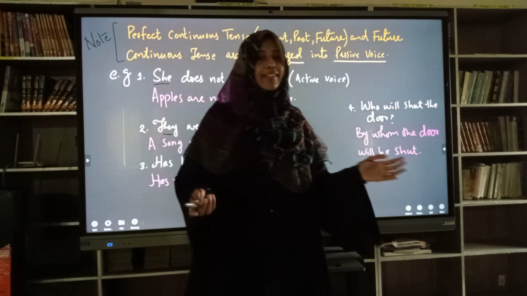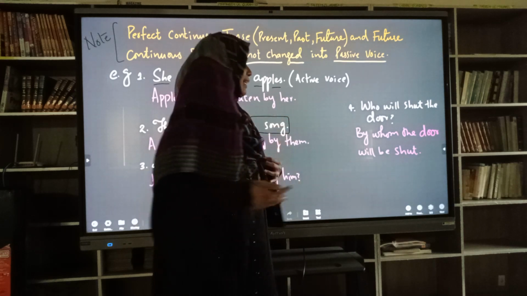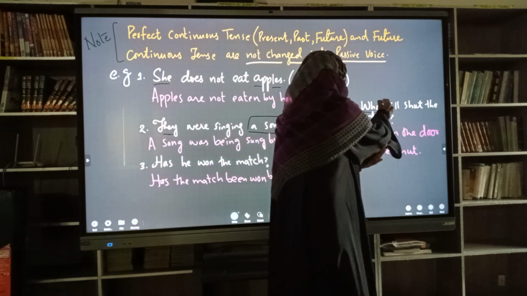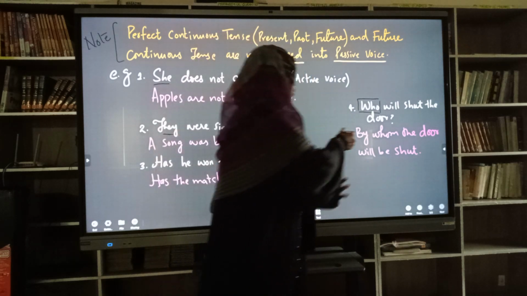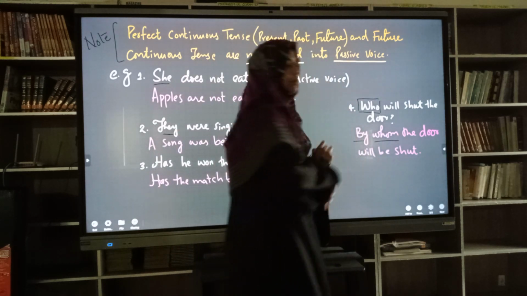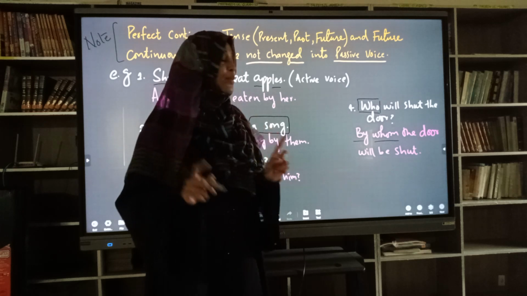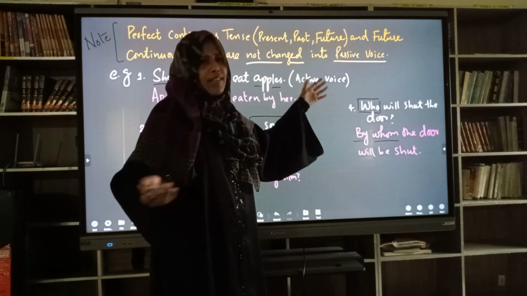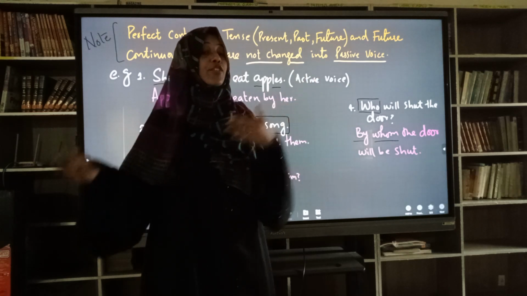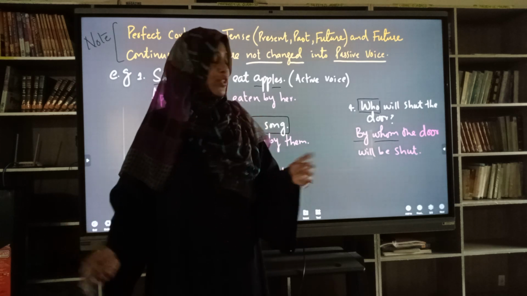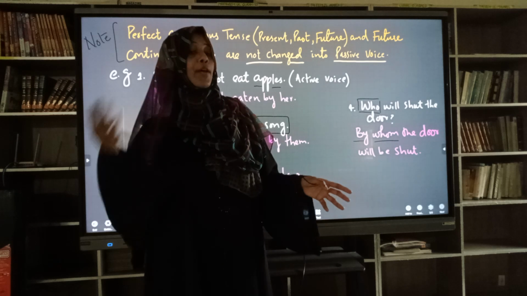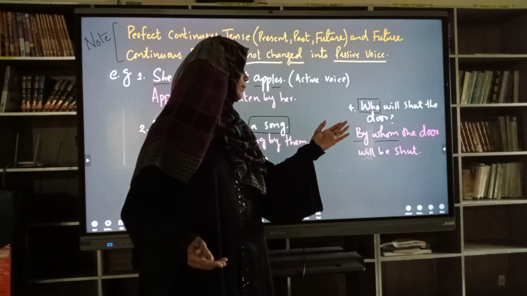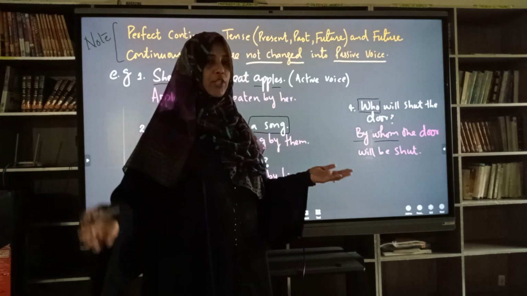Now there is another type, which is basically the conversion of who. That if who is used, then you will convert it into by whom. Okay, remember, by whom. So the sentence will be like, for example, who will shut the door? Question mark, because it says the question, interrogative sentence. So you will convert it into a statement, by whom will the door be shut?